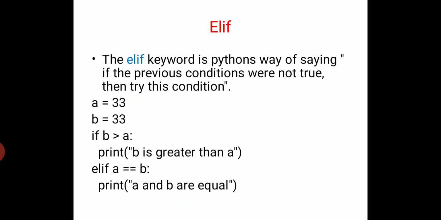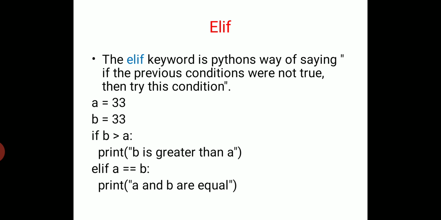Now, elif. The elif keyword is Python's way of saying, if the previous condition was not true, then try this condition. It means in Python you don't get an error that the item was not found or an exception error; it is handled by using the elif command.